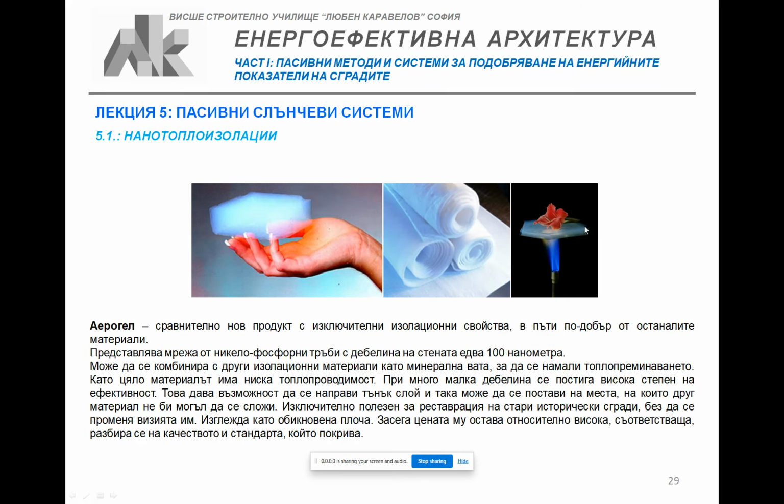And it is for real what is shown on the third picture, because I've seen it as a demonstration at a science conference here in Bulgaria, in Varna, and it definitely doesn't allow any heat to pass through it. However, it's really expensive. It's about 300 euros per square meter so far, and for that reason, it's not used massively in buildings.